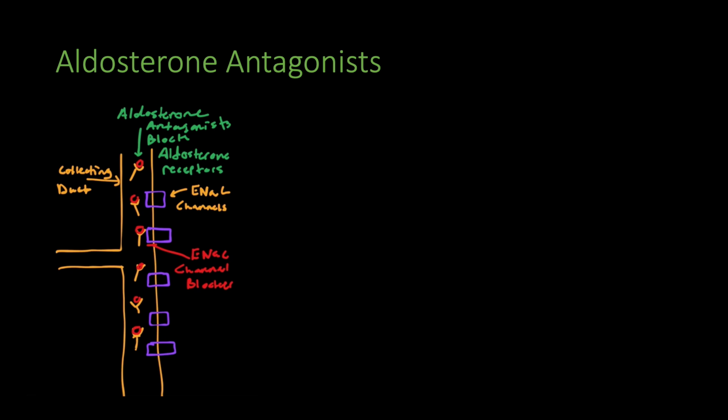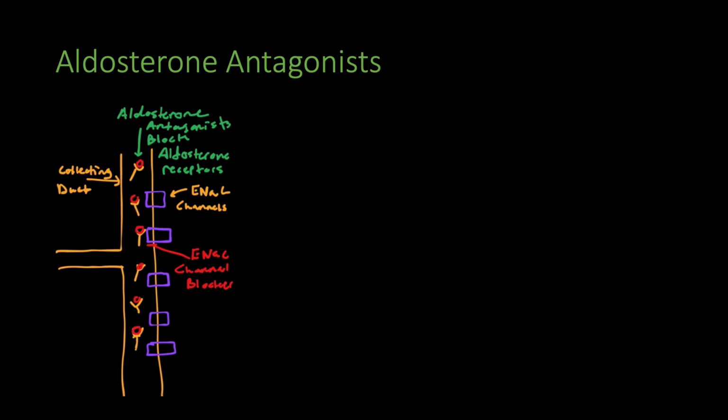What happens there is it will block the mineralocorticoid receptors, so that it can prevent sodium from getting reabsorbed back into the bloodstream. Instead, it's going to excrete it out of the system. So that's where this class of medications works.